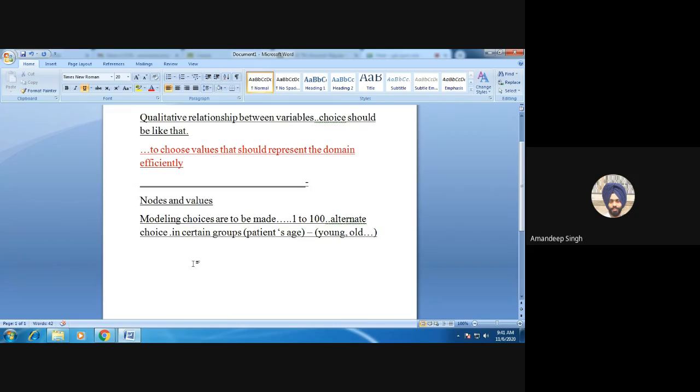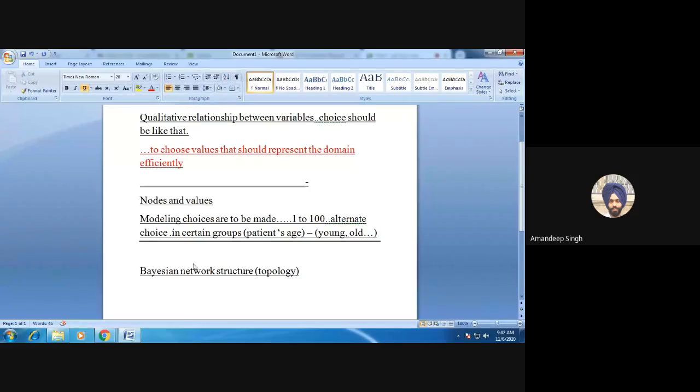And then we were discussing the Bayesian network structure or the topology. What we saw was that different nodes build up the Bayesian network, and if there is an effect or cause between two nodes directly, then those two nodes should be connected directly.